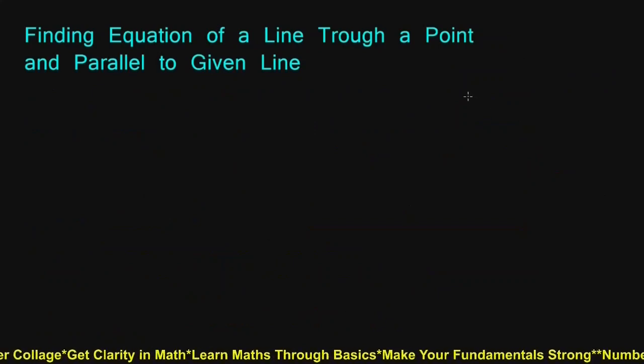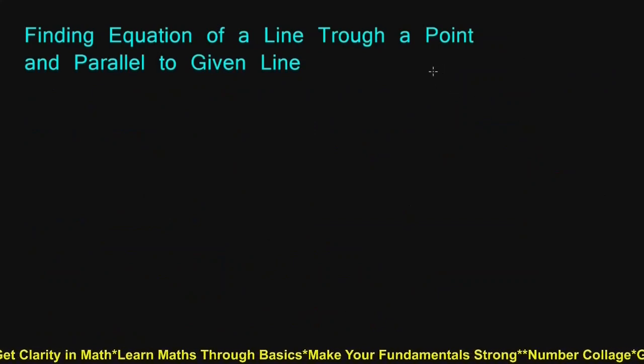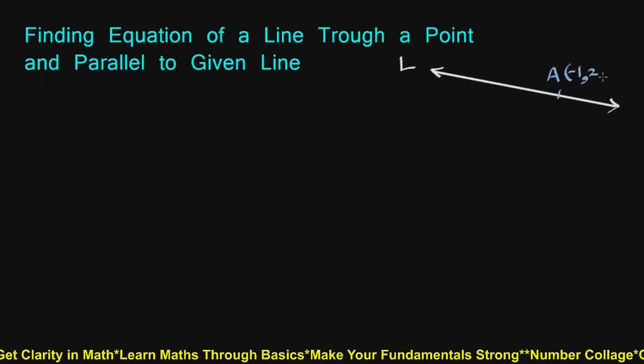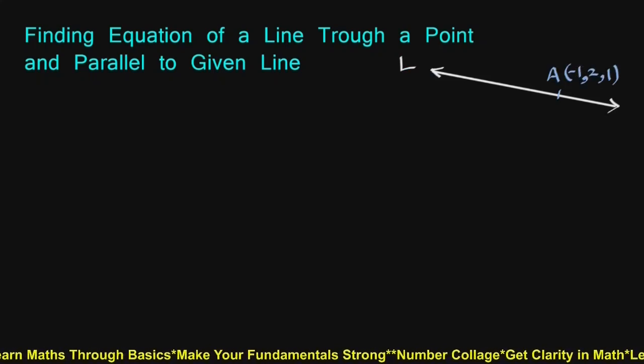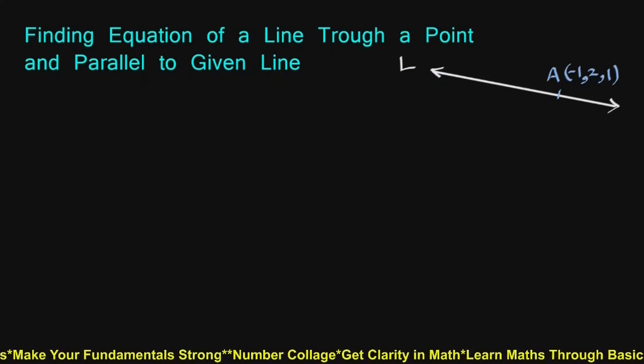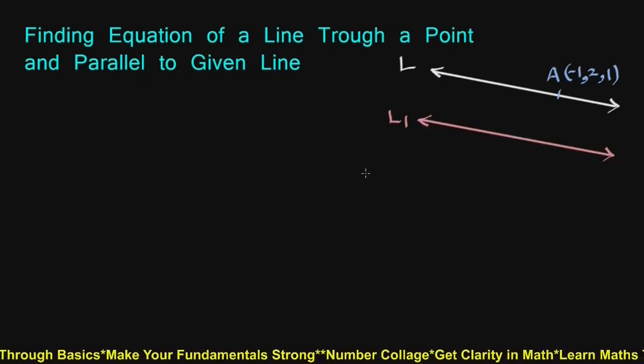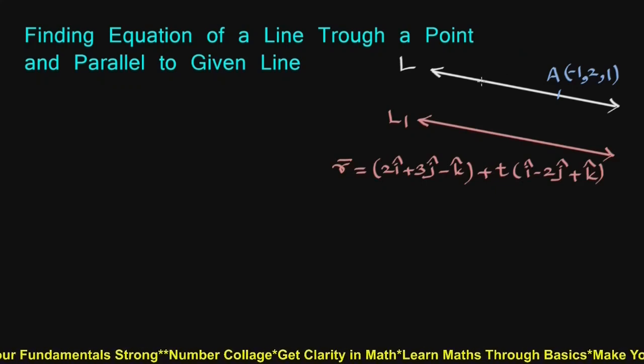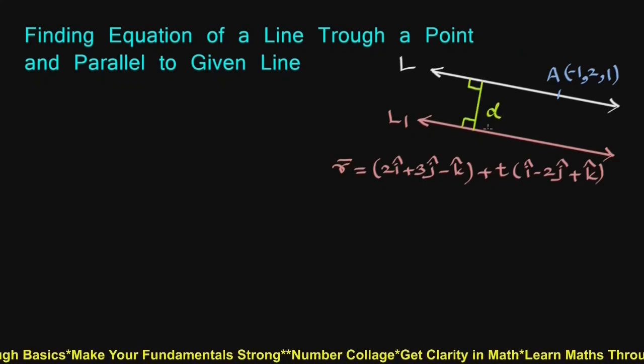We have to find the equation of a line L which passes through the point minus 1, 2, 1 and which is parallel to another line L1 whose equation is given, and hence we have to find the shortest distance d between them.